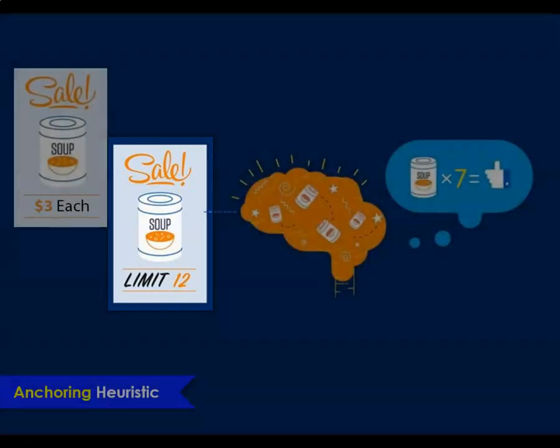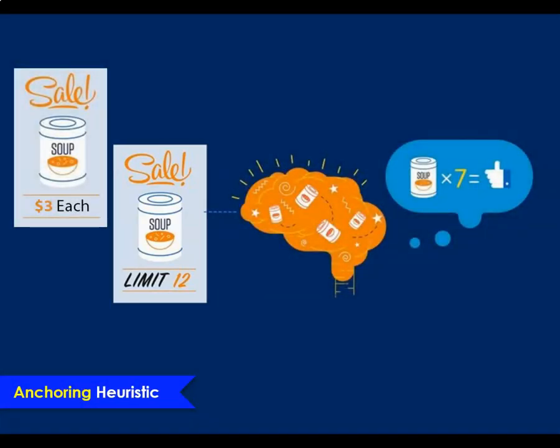And the reason is because an anchoring heuristic is being used in both cases. In the first case, where a can of soup is being sold for $3 each, a shopper may see the sale sign and anchor on however many cans they came in to buy, maybe 3, maybe 4, and they'll adjust upward when they see the cans on sale. On average, though, they actually only buy 3.3 cans using this particular sale.